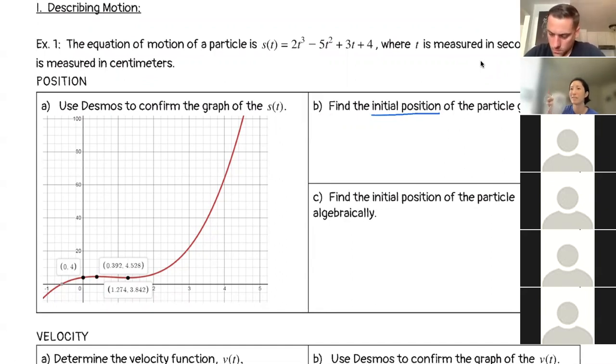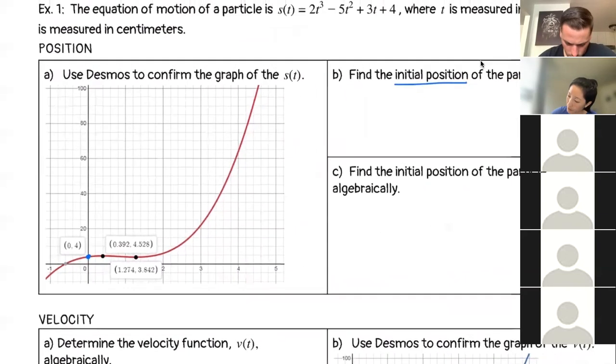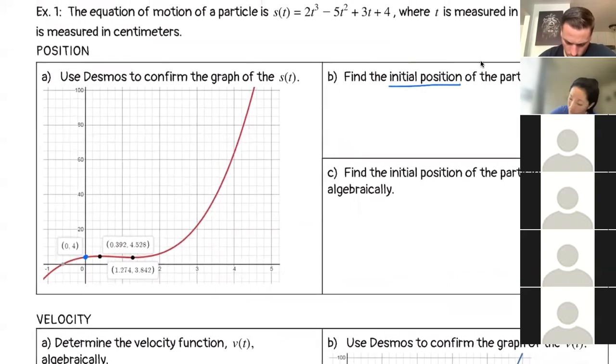So what is the position at t equals 0? Lovely, lovely. Okay, so I'm going to zoom in on this graph. Initial means when we start counting time. And for us, that typically means at time equals 0. Okay. So the initial position of the particle graphically is (0, 4).